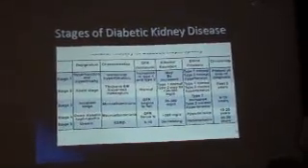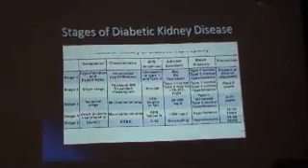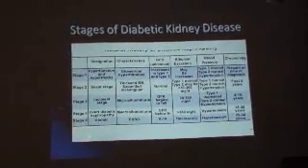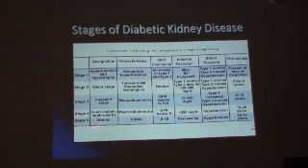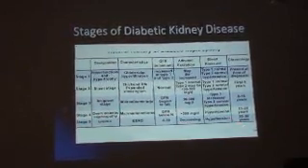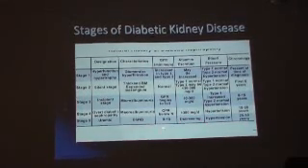So between 60 to 90 is stage 3, and stage 4 is 30 to 60, and stage 5 is less than 20. So stage 5 patients are ESRD patients, where they are uremic and the GFR is less than 20, and this is associated with hypertension invariably.